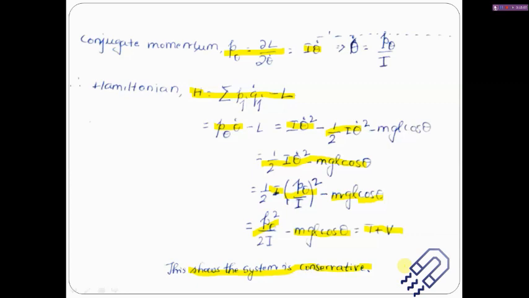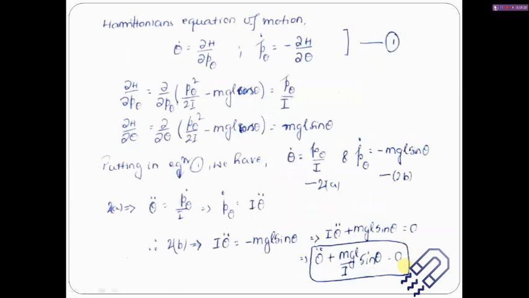When we said that linear momentum is conserved, it means d/dt of the momentum is zero, so the momentum is constant. So in this case, if the Hamiltonian is kinetic energy plus potential energy, this shows that the system is conservative in nature.